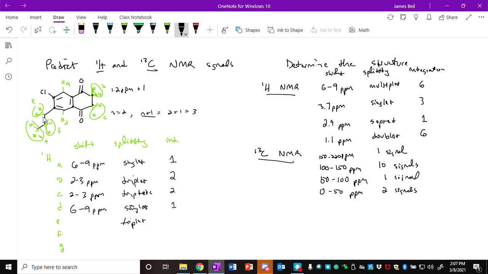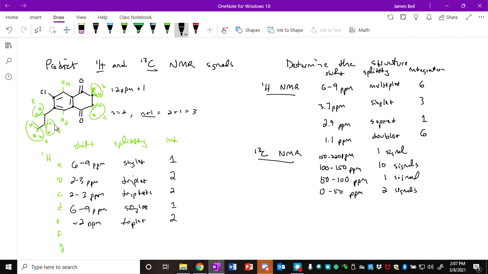The shift for E would be probably around 2, because typically a methylene or CH2 group comes around 1, but being 1 away from the aromatic ring would shift it down an extra unit. So that'd probably be around 2 ppm. That one integrates to 2.